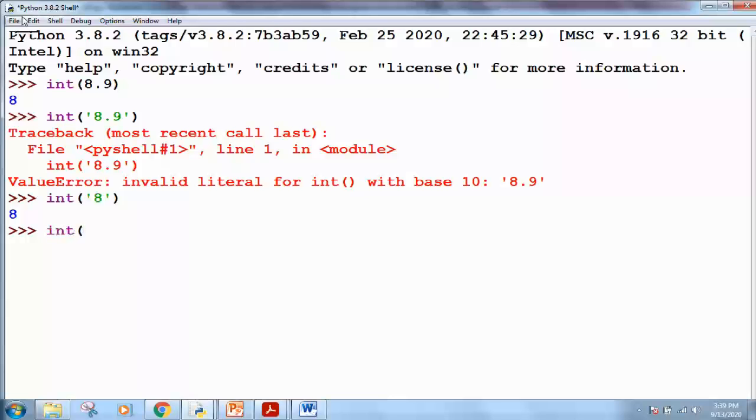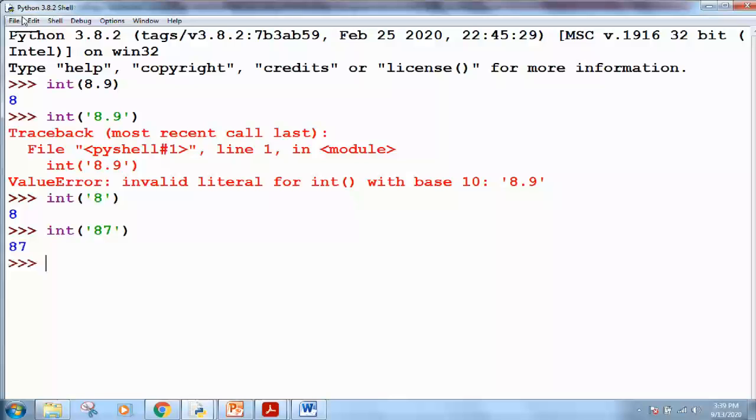One more example we can take: this is converted into integer 87.